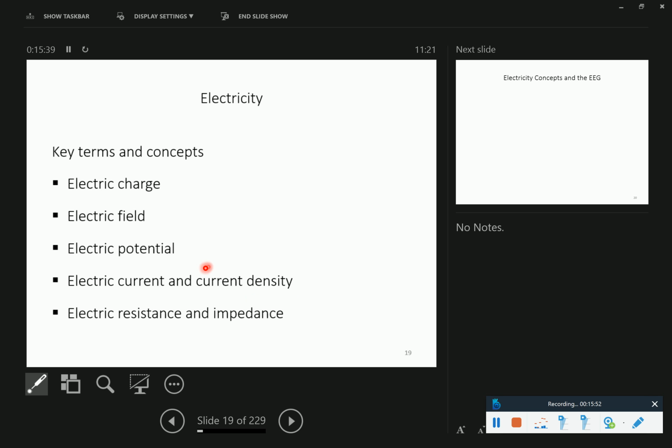And if you use source space localization, so trying to figure out where the activity is coming from, then you will definitely be left to deal with current density. So it makes sense to go over these key terms and concepts.